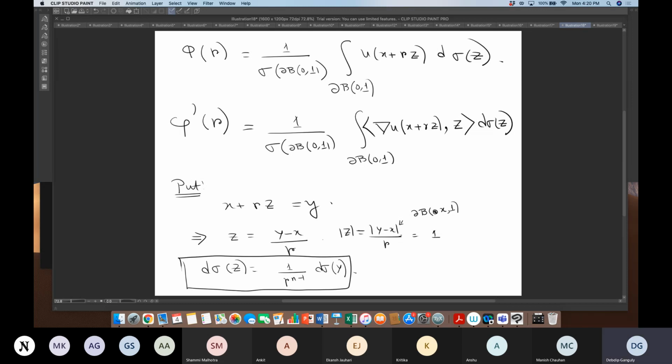In terms of y, right? If mod z is equal to 1, as you said, now I am saying where will y lie? Y is x plus rz. Where does y lie now?